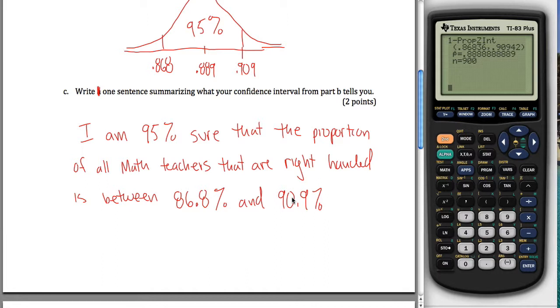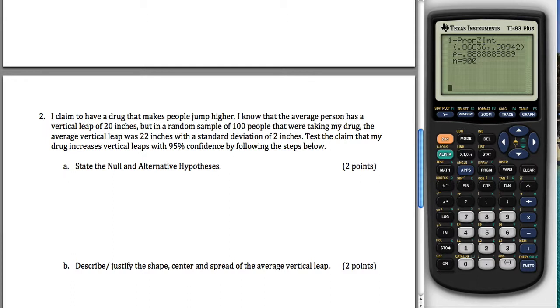So I don't know what percentage of all math teachers are right-handed. 89% were in my sample, or 88.9%. And using that sample, I'm 95% sure that the value for the population proportion is between 86.8% and 90.9%. Anyways, good enough. Next one.